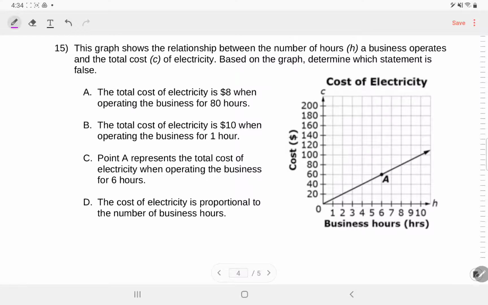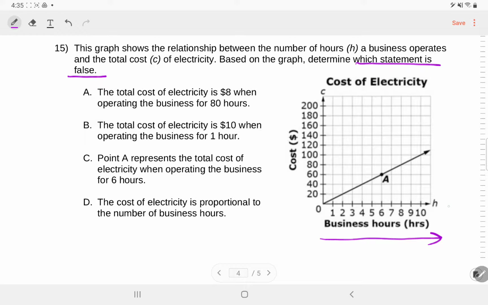Number 15. This graph shows the relationship between the number of hours H a business operates and the total cost of electricity. Based on the graph, determine which statement is false. So we're looking for which statement is false, not true. A, the total cost of electricity is $8 when operating the business for 80 hours. So let's look on the x-axis.